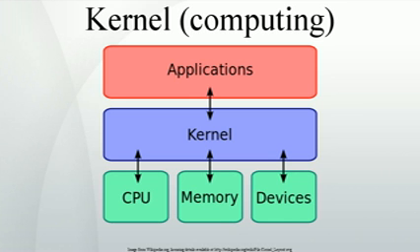Hybrid or modular kernels. Hybrid kernels are used in most commercial operating systems such as Microsoft Windows NT 3.1, NT 3.5, NT 3.51, NT 4.0, 2000, XP, Vista, 7, 8, and 8.1. Apple Incorporated's own Mac OS X uses a hybrid kernel called XNU, which is based upon code from Carnegie Mellon's Mach kernel and FreeBSD's monolithic kernel.